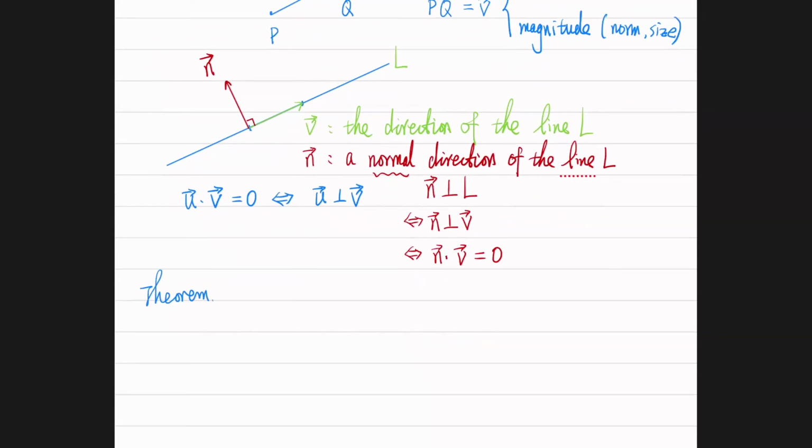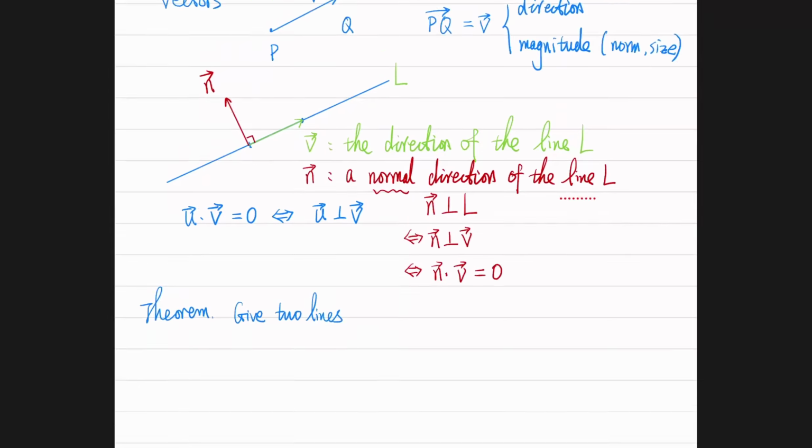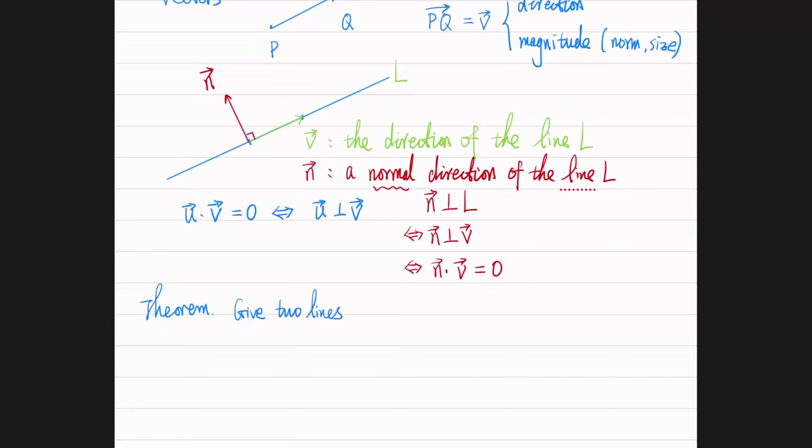We give 2 lines. We use L for line, so L1 for the first line, L2 for the second line.